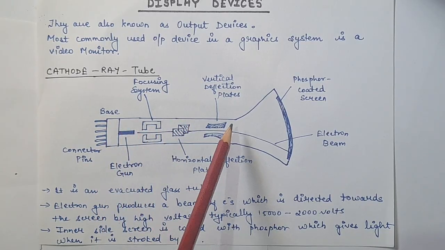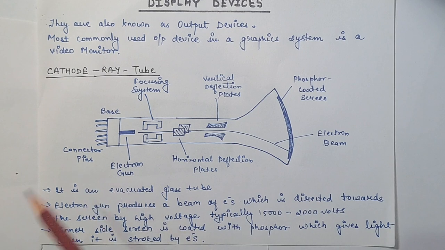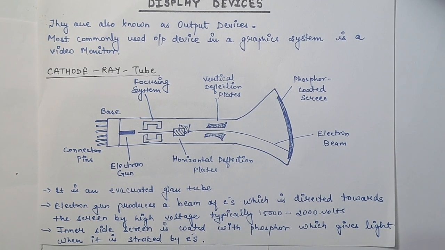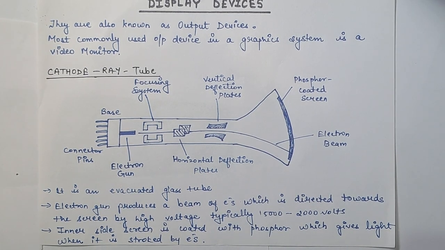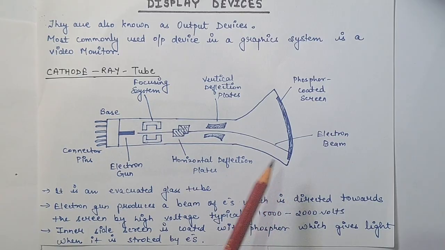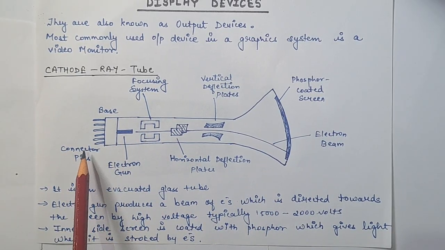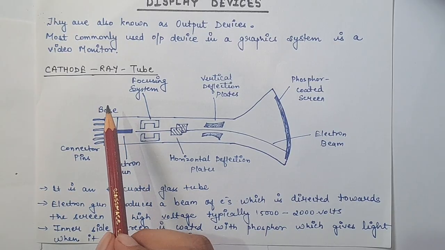This diagram basically depicts the CRT, the cathode ray tube. Coming towards the detailing of the CRT, this is like a tube structure. The pins connected over here are the connector pins and this is called the base.